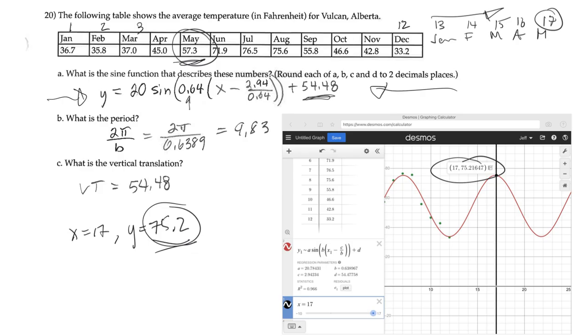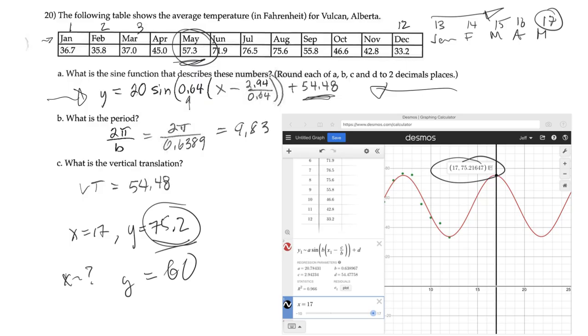What else was I going to say? Oh, another thing you could do is you could say, well, at what month do you expect the average temperature to be a certain number? So what month? So I'm looking for x. So what is x when y is, say, I'll pick a number in there somewhere. How about 60?